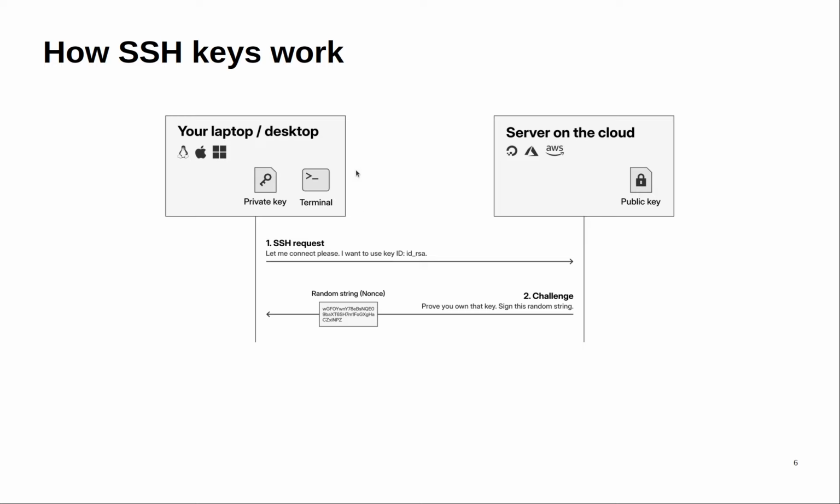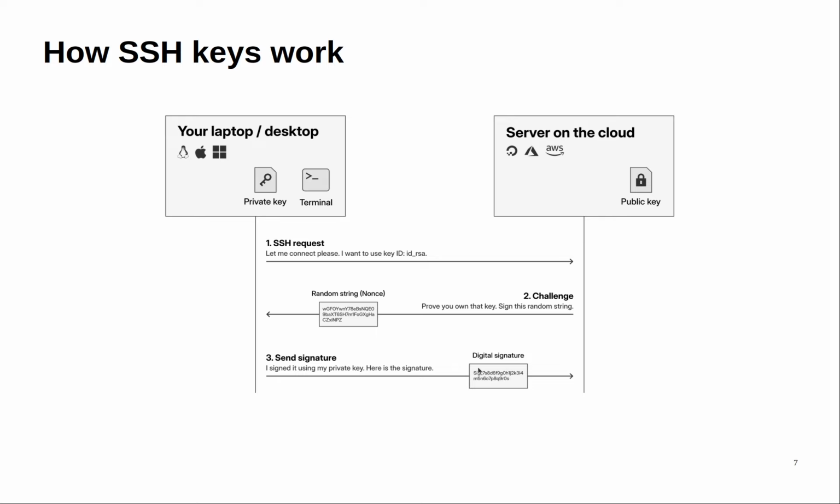So if the requester is legitimate, that means that it has the private key, it will be able to sign this string and send it back to the server. So here the laptop, or the real person, will say, I signed it using my private key. Here is the signature.